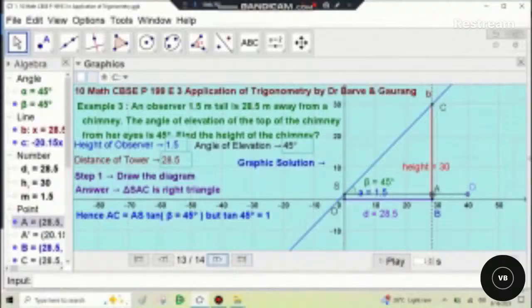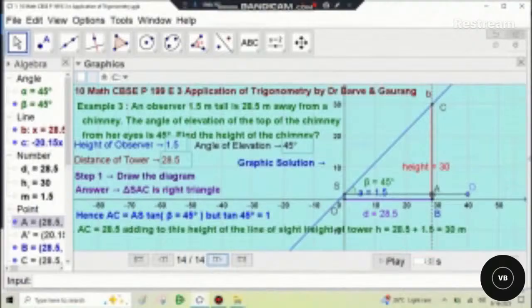So AC is AS tan beta, which is tan 45 degrees, and tan 45 degrees is 1, and therefore that also works out to be 28.5. To that we add the line of sight height is 1.5 meter, so total is 30 meters.